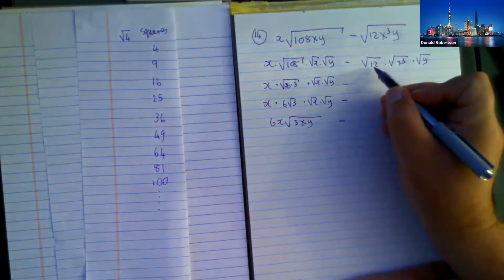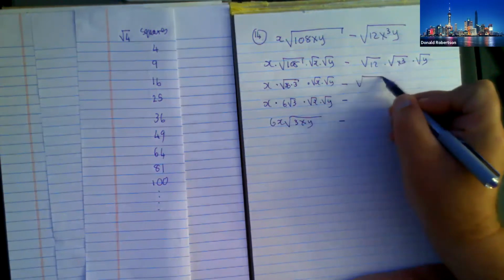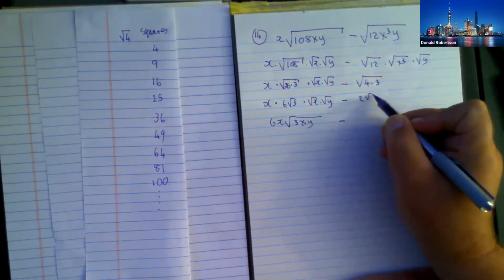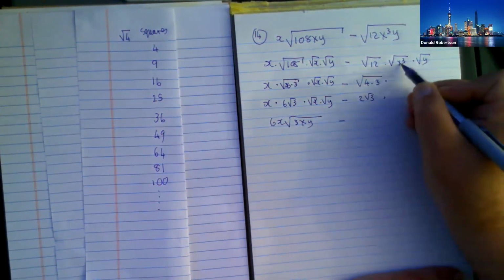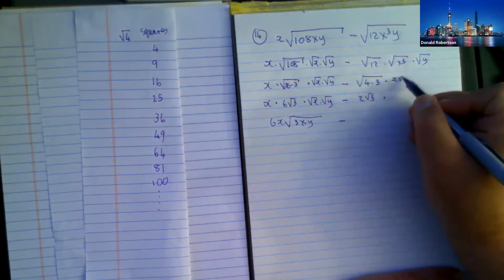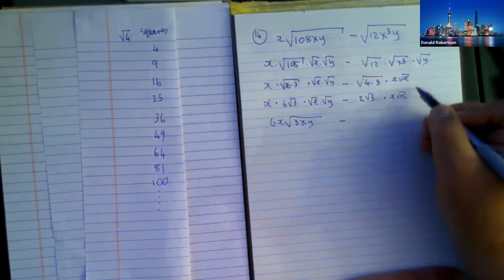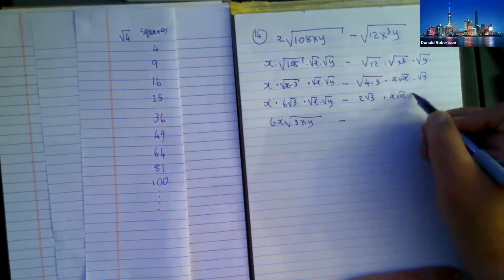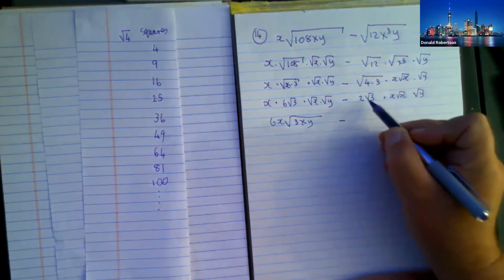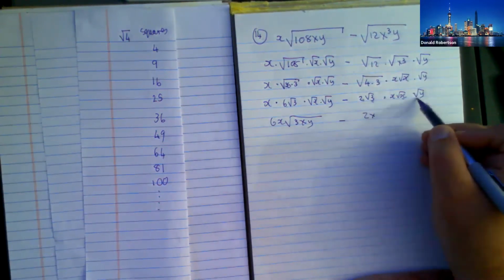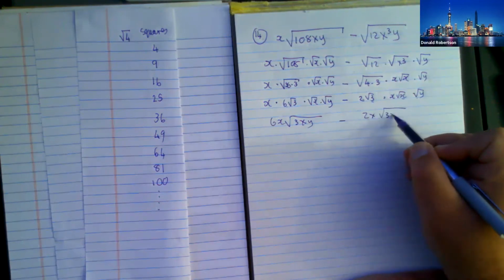Now, this guy can be simplified by calling him 4 times 3, which is going to get you 2 root 3. This guy can be simplified as an x square root of x. And this guy I can't do anything with. So I'm going to have this guy and this guy, which is 2x, and these all combine inside their own square root.